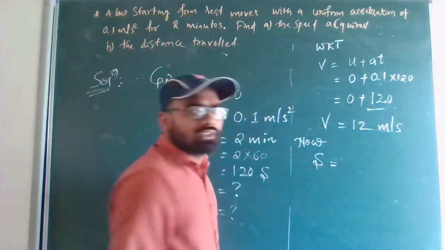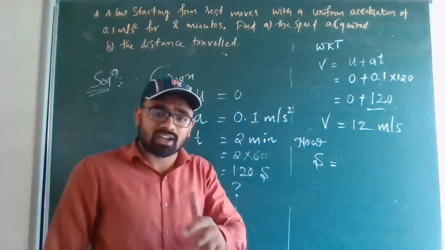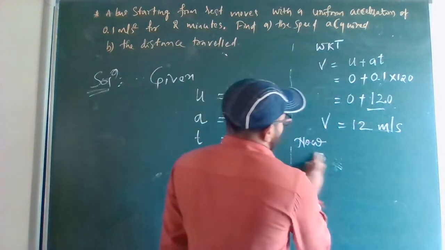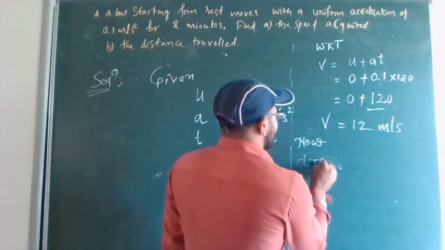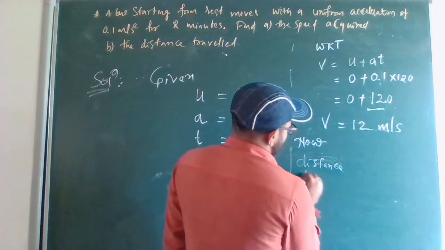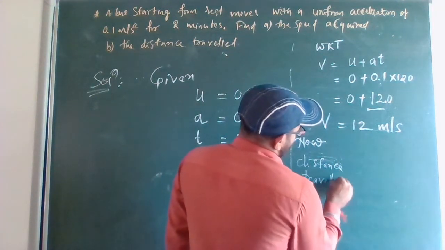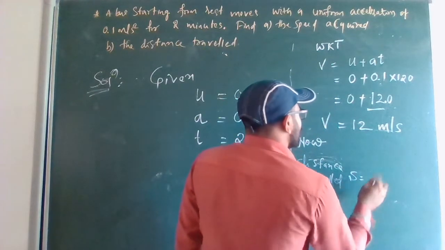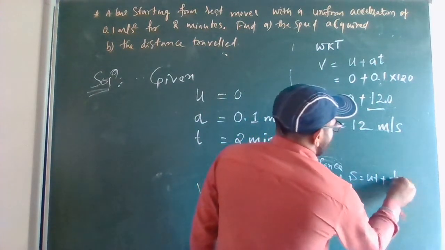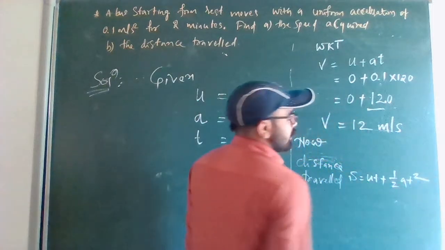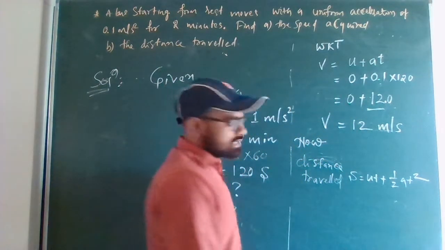Now S is equal to what? What is S? Distance traveled. Or simply you can put S also, no problem. S is equal to ut plus half at square.